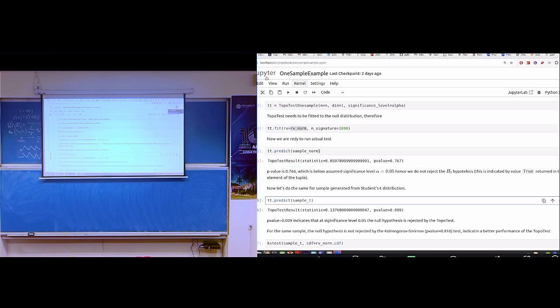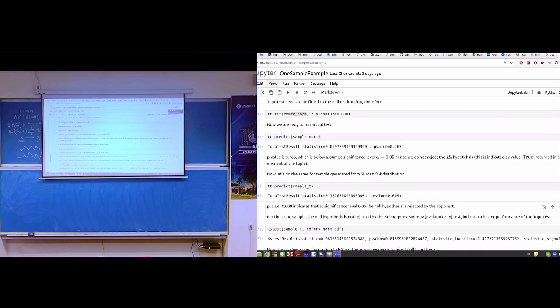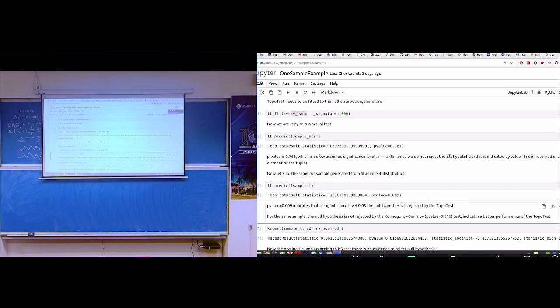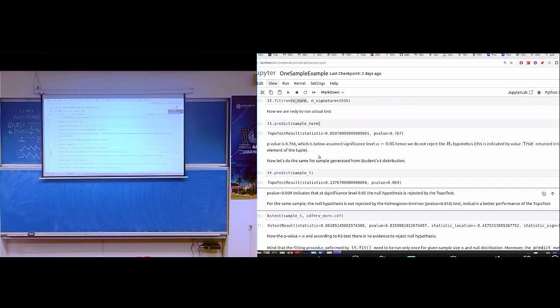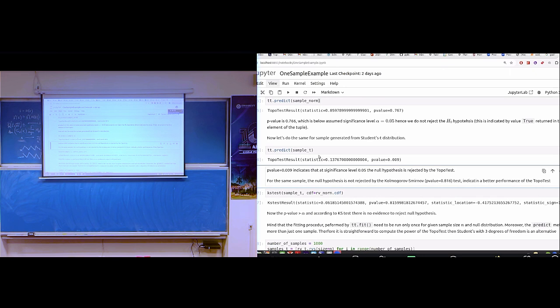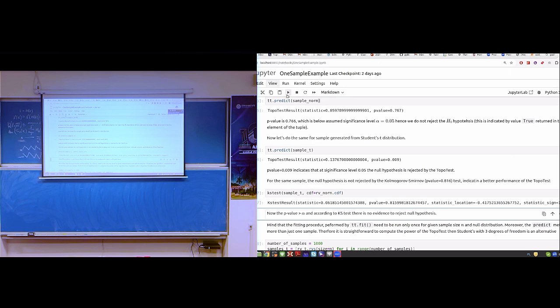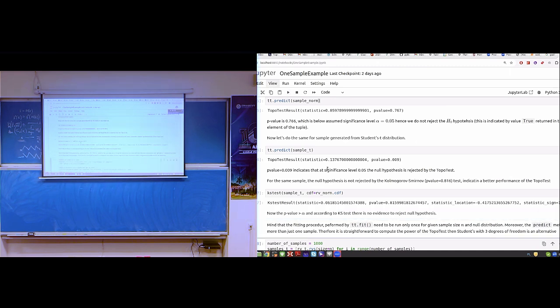But over here, we are fitting a sample of a t-Student distribution, and it rejects. So the topo test sees a difference between the t-Student with 3 degrees of freedom and the normal, and I think the Kolmogorov-Smirnov did not reject it. Yeah, so KS did not reject it. That's again one of the examples where topo test is a bit better.